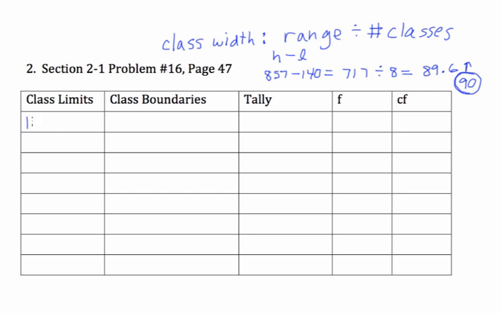Start with your low value. Our low value was 140. Add 90 to get the lower class limit for the second class. 140 plus 90 is 230, and keep adding 90 all the way down.